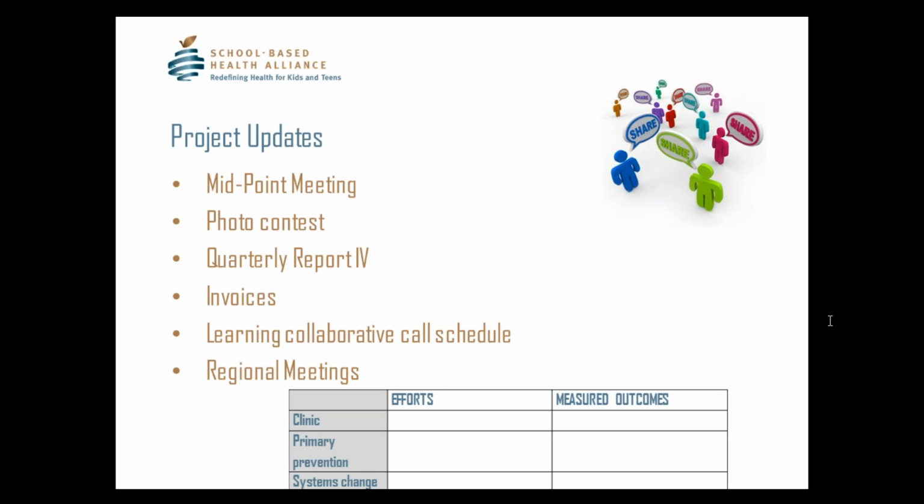So again, you might summarize, in the clinic for healthy eating, we are screening new patients for food insecurity, and the measured outcomes might be, we have screened 250 people from January to June. 50% of those that we have screened have been positive for food insecurity, etc. And you might do the same thing for system change and primary prevention.